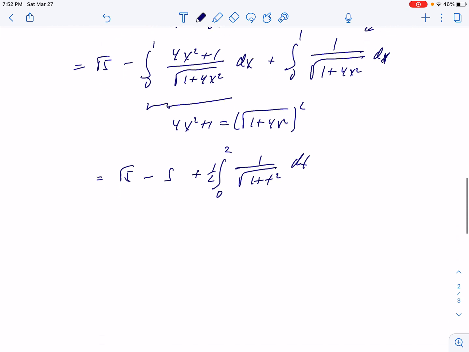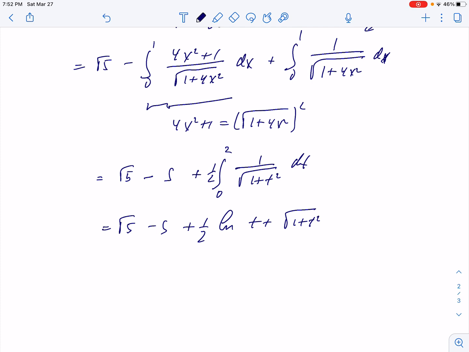Very good. This integral that appears has been mentioned before. It's a table integral, and we have, let's make root of 5 here much better, root of 5 minus s plus 1/2 times this integral, which is natural log of t plus square root of 1 plus t squared.